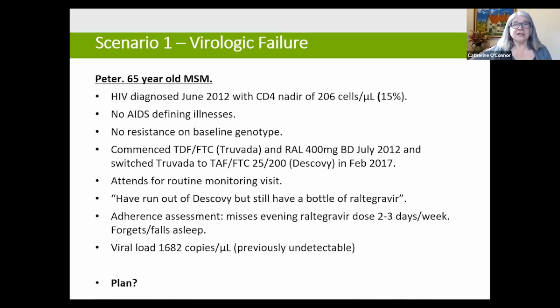Peter is a 65-year-old MSM, and HIV was diagnosed in June 2012, and his nadir CD4, which is the lowest level of his CD4, was 206 cells per microliter. He's had no AIDS-defining illnesses. There was no resistance on his baseline genotype. He was commenced on TDF-FTC, which is called Truvada, and raltegravir in July 2012.